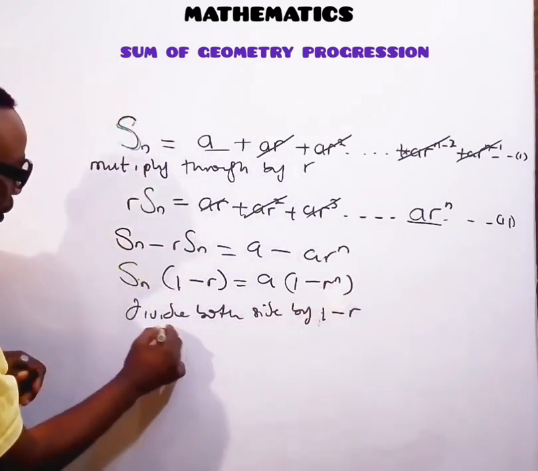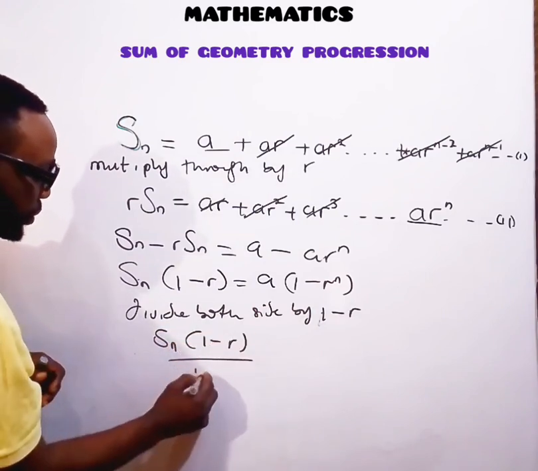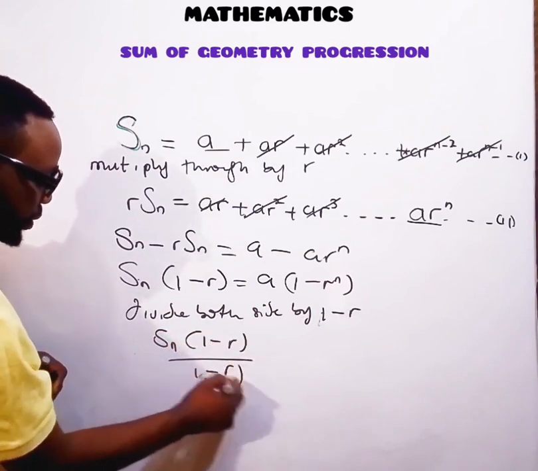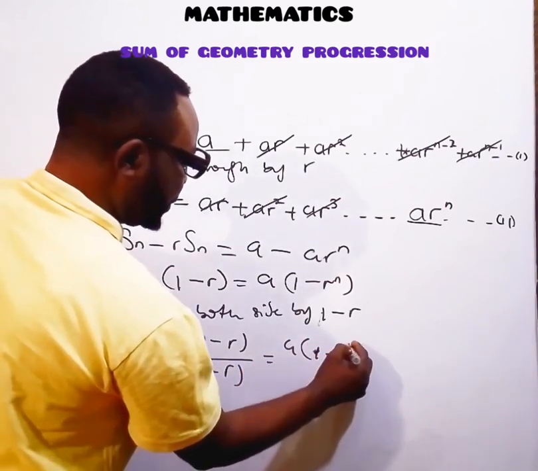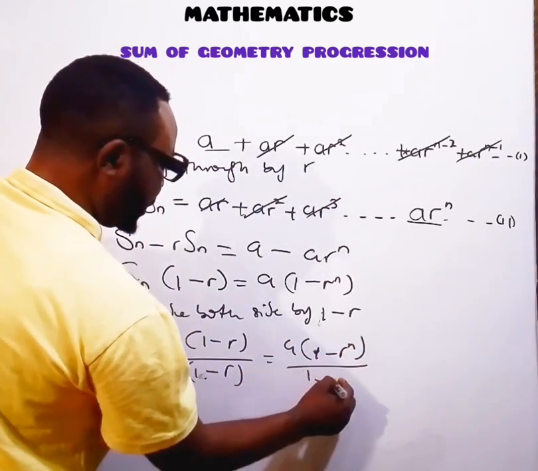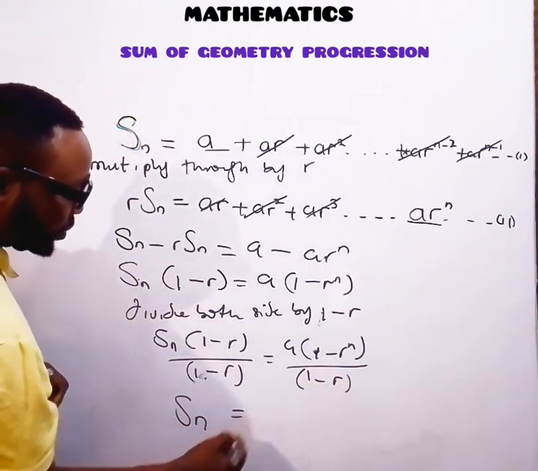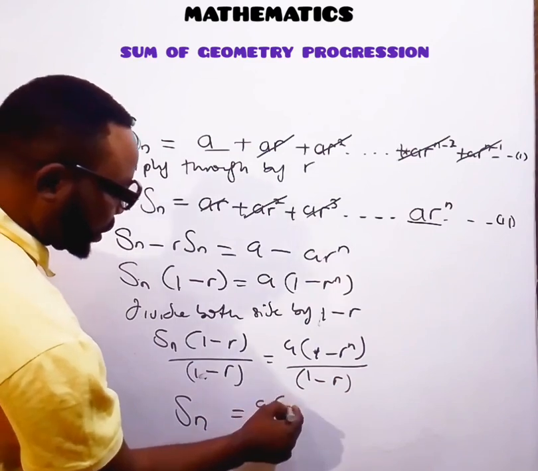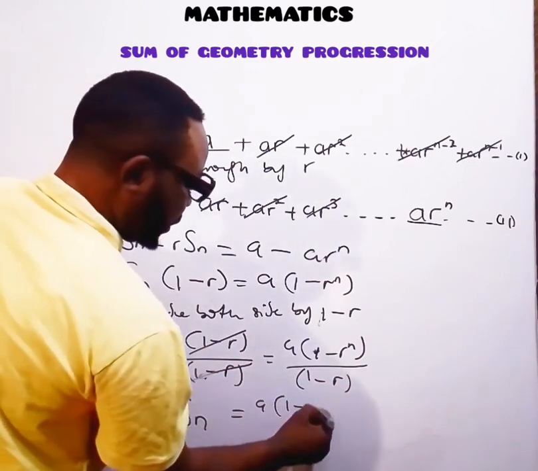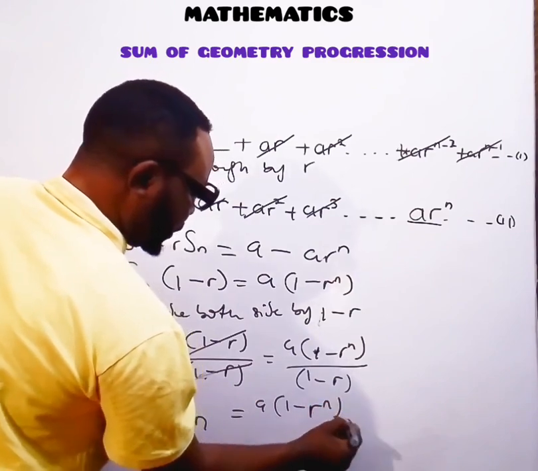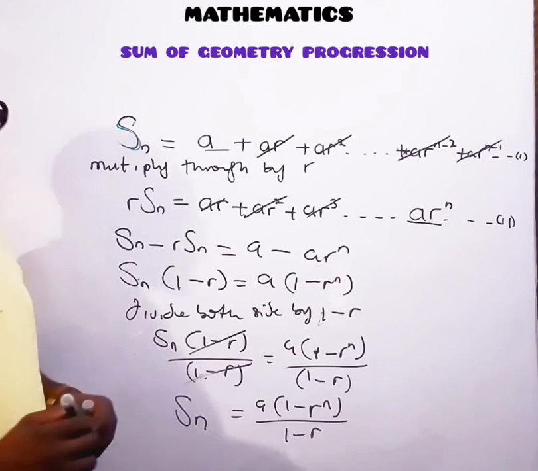So we have the sum of terms into bracket 1 minus r, all over 1 minus r, equal to a into bracket 1 minus r raised to the power n over 1 minus r. So the sum of n terms will be equal to a into bracket 1 minus r raised to the power of n, all over 1 minus r. That is how we get this formula.